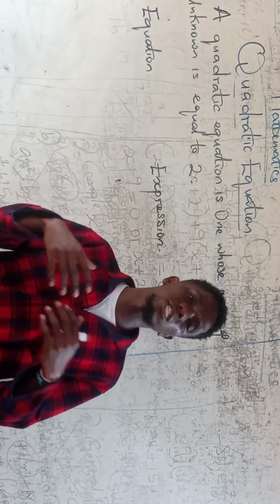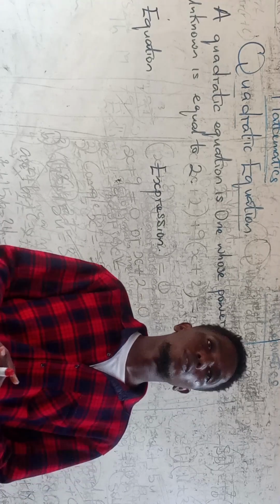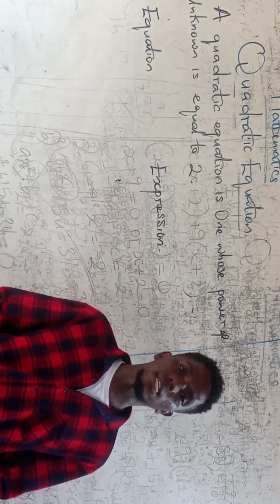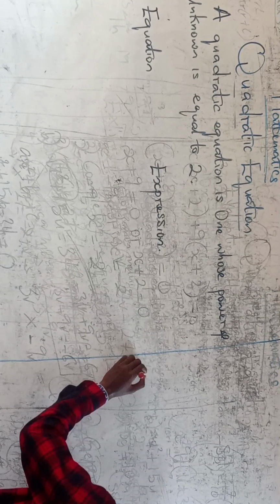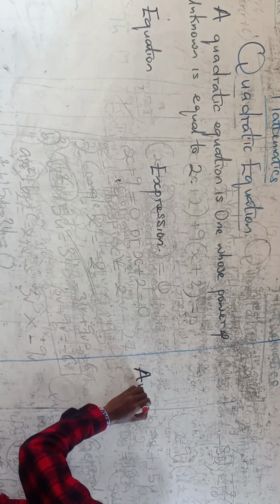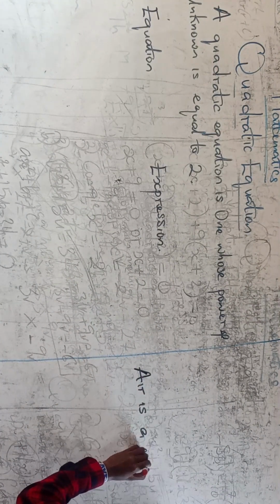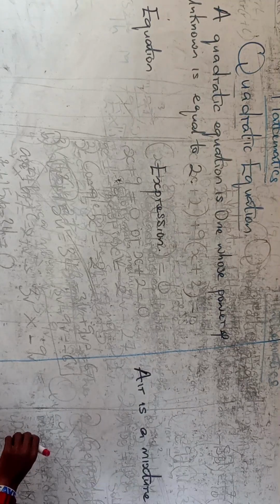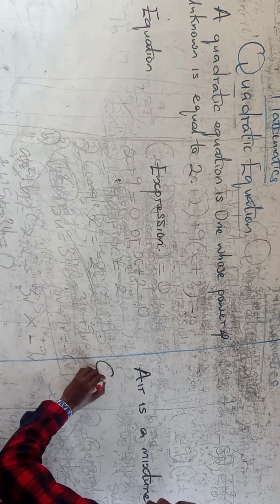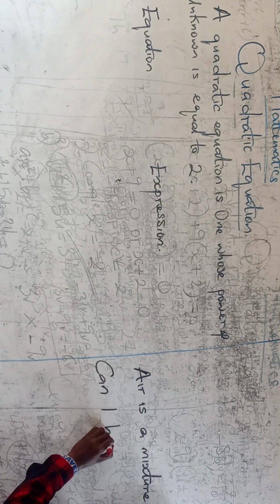Now, an equation is more of like a statement. So say for example, if I make a statement like air is a mixture of gases, and then I say can I have your pen?